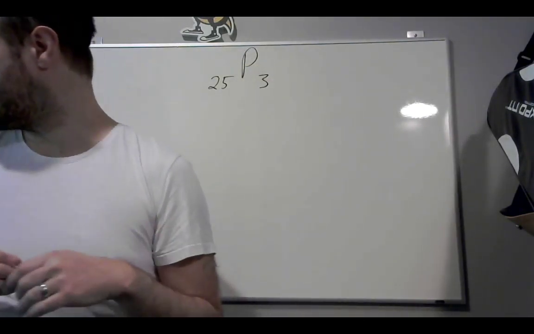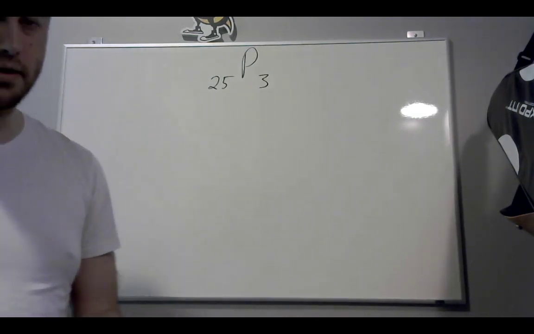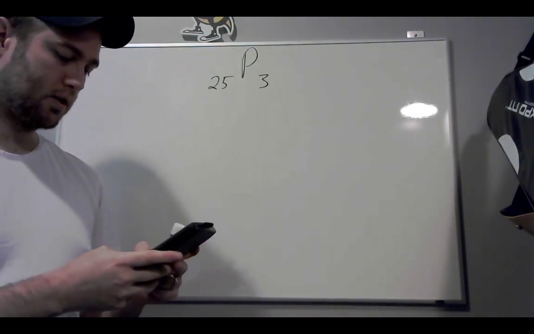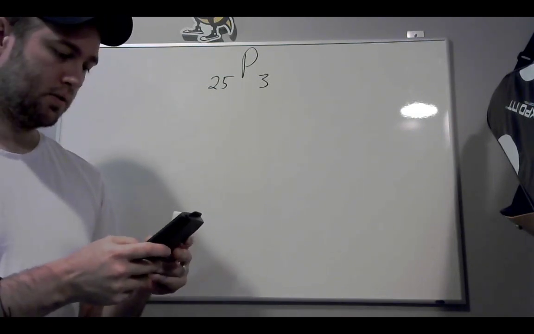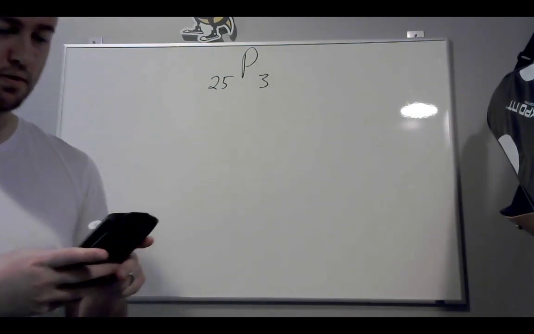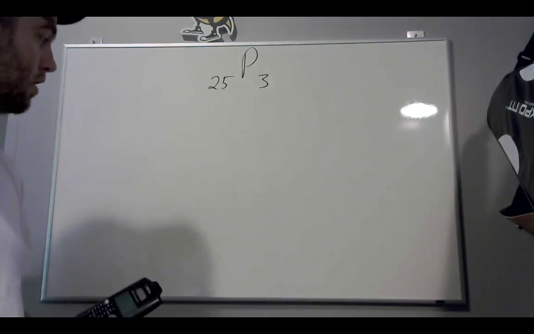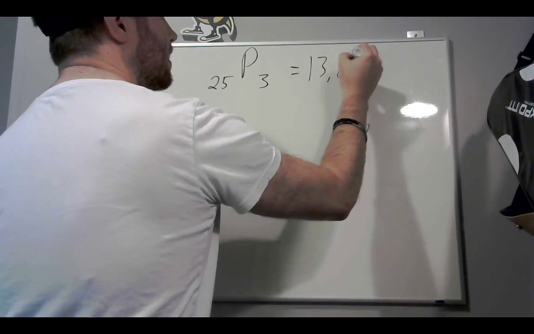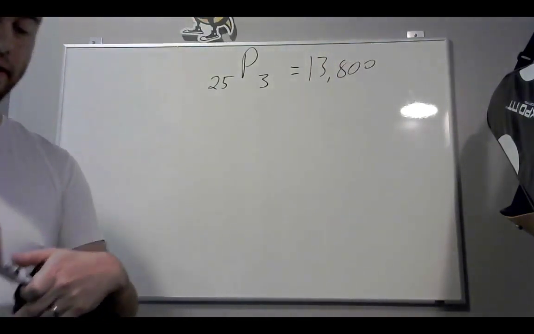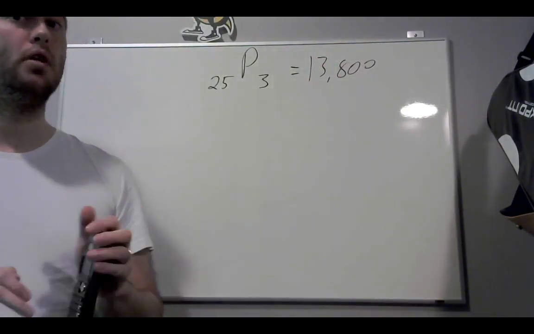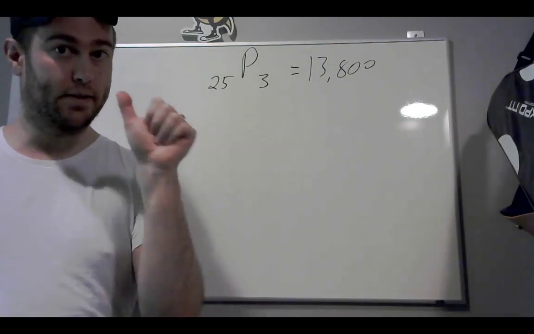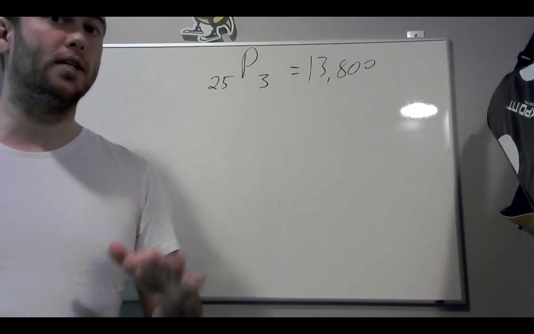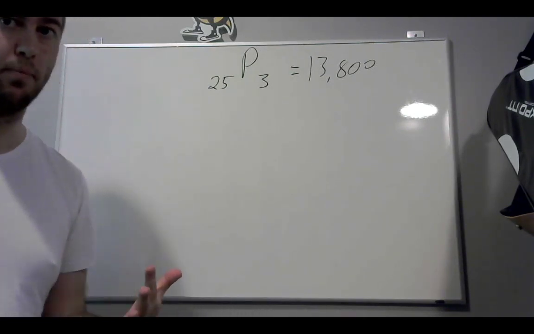You could plug this into your calculator, or you could put it into an equation, whatever, but this gives us 13,800 different ways that from 25 people we can come up with a president, a vice president, and a secretary. That's a lot of different ways we can rearrange 25 people.